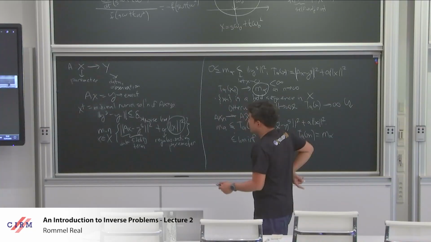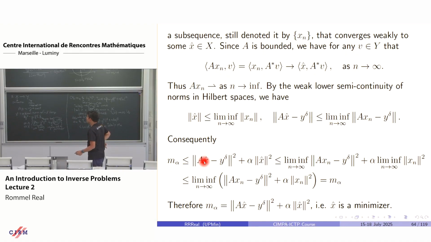And by this argument here, we have actually shown that m sub alpha is less than or equal to the value of the Tikhonov functional at x hat, which is less than or equal to m sub alpha.